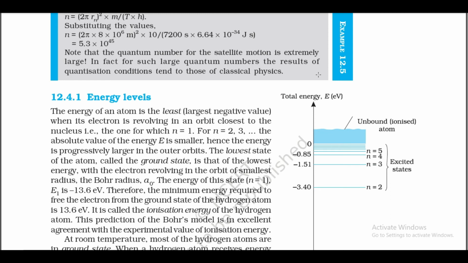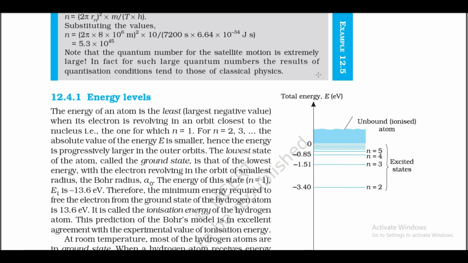Hence, the energy is progressively larger in the outer orbits. The lowest state of the atom, called the ground state, is that of the lowest energy, with the electron revolving in the orbit of smallest radius, the Bohr radius a0.